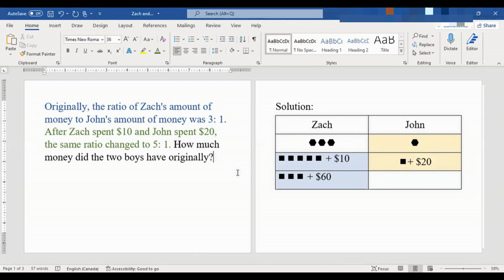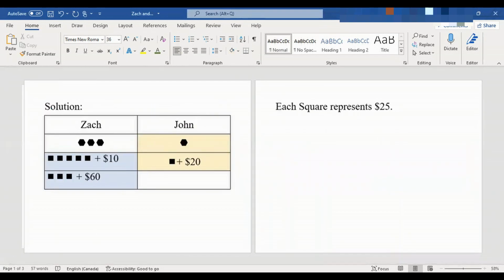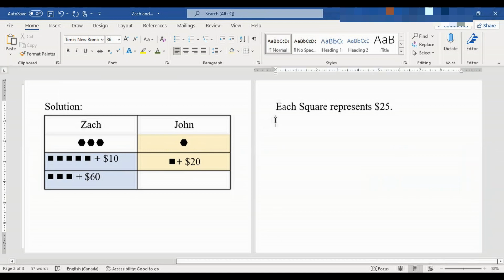So if 1 hexagon equals 1 square plus $20, how much money does a hexagon represent? We know that 1 square is worth $25, and we also have $20 here. So in the second yellow cell, we have $45. So if a hexagon is the same as $45, each hexagon must be worth $45. And we'll write that down.